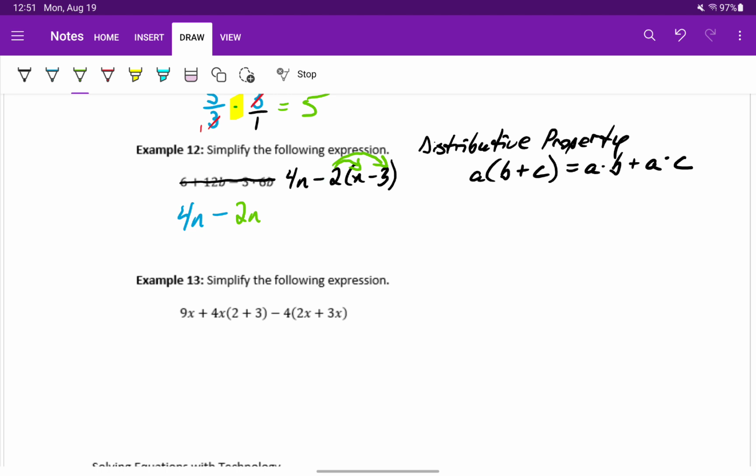And then we'll take negative 2 times negative 3 to rewrite this as plus 6. Then we'll take care of the subtraction step to combine our like terms. 4n minus 2n will leave us with 2n, and there are no constants to combine with the 6, so we end up with plus 6.